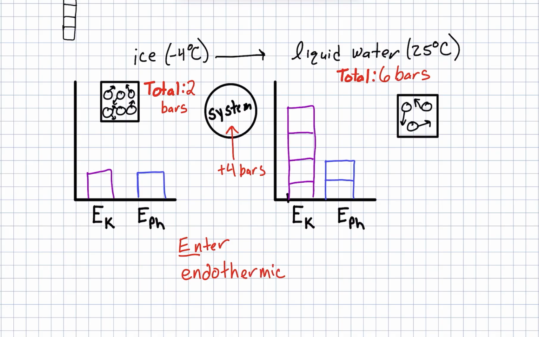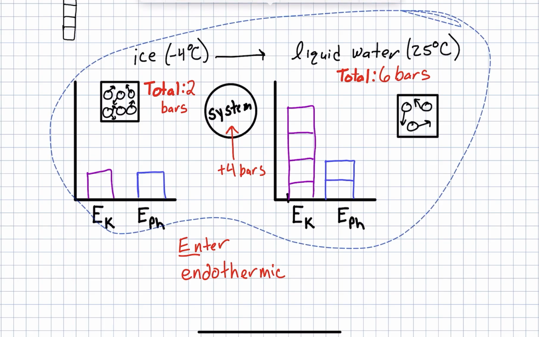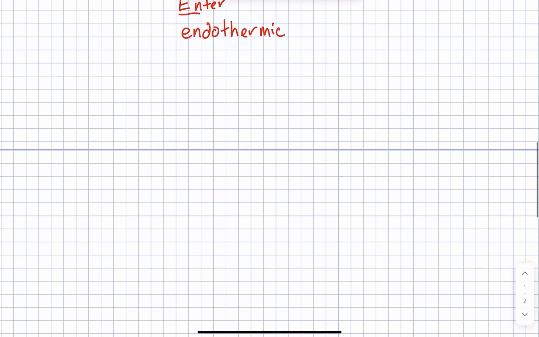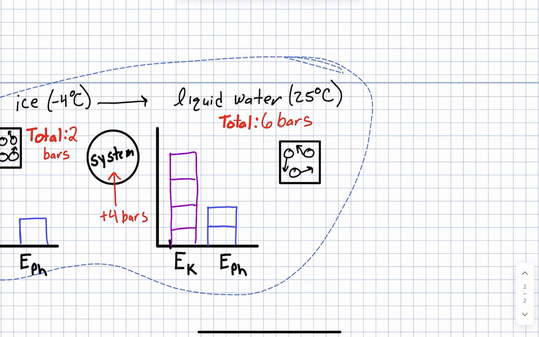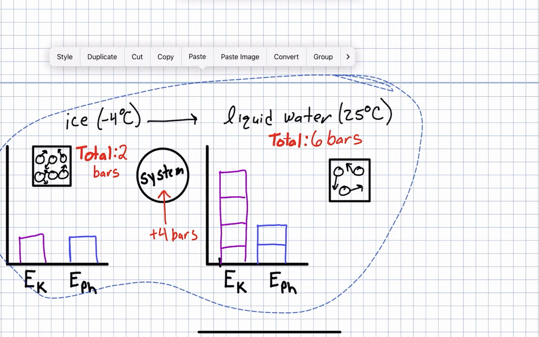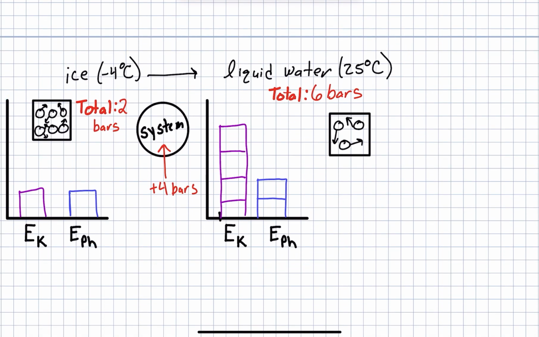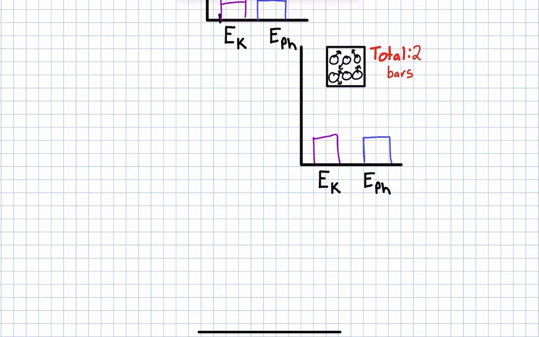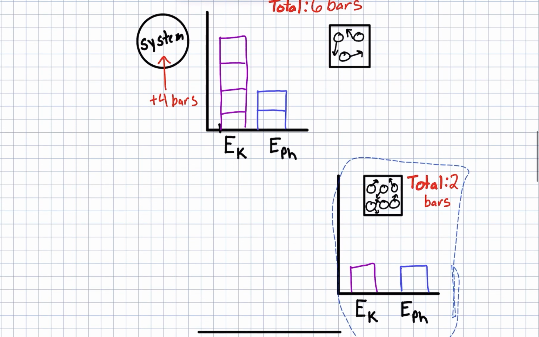Well, just to save some time here, let's do some manipulation. Now what I'm going to do is I'm just going to switch some stuff around here. And we're going to say that we went from liquid to solid.